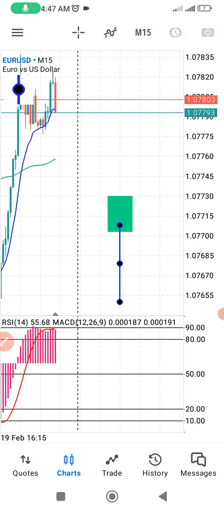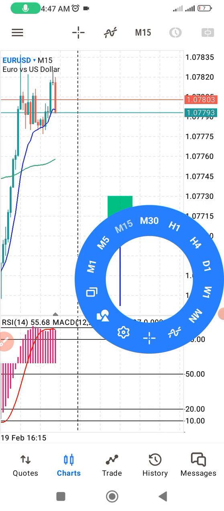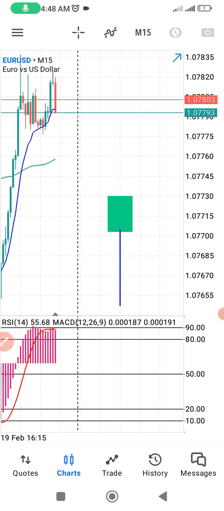This is a pin bar. The pin bar is a candlestick with a body. Okay, this is the body. So a pin bar is a candlestick with a body that has a wick.